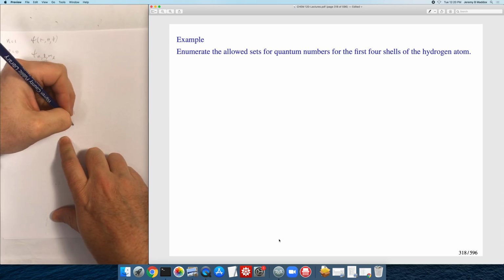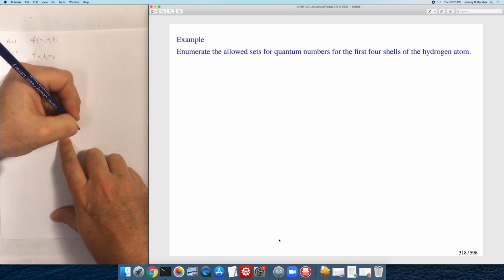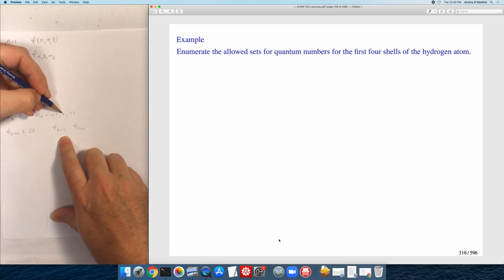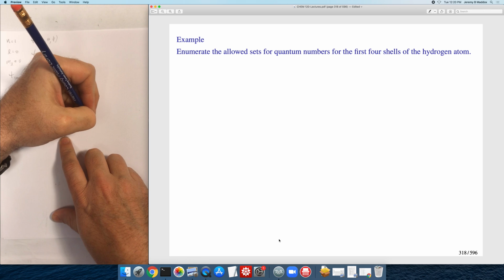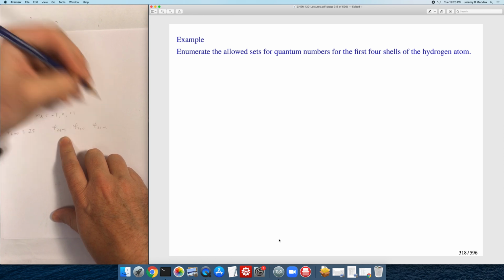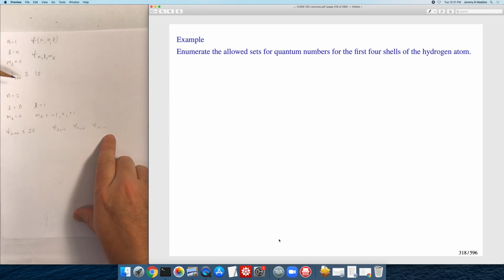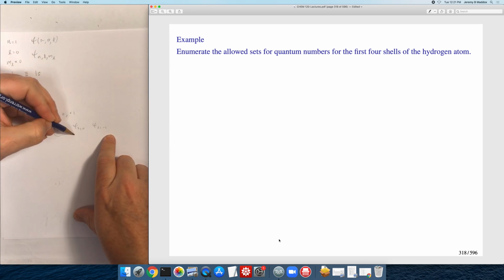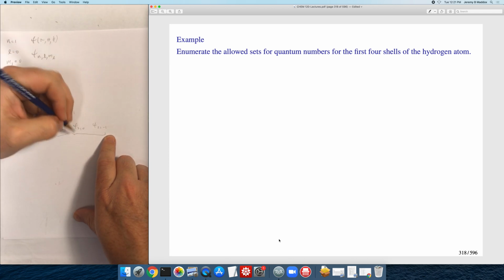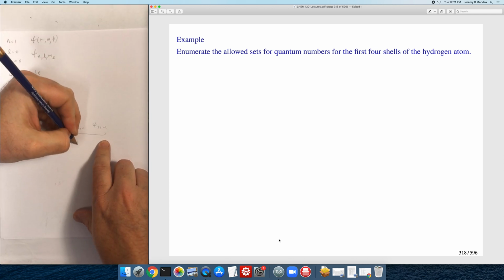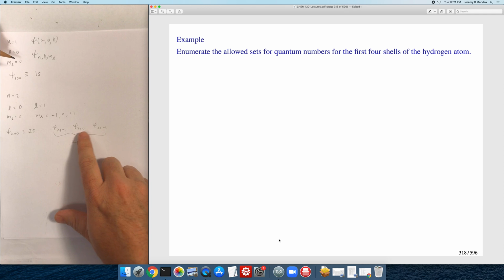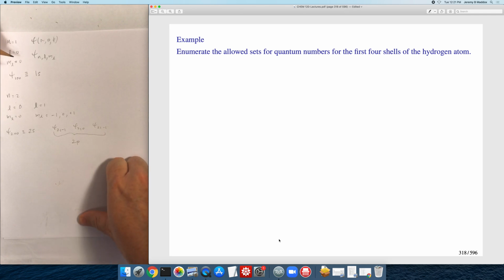Likewise, there is a psi 2, 1, 0. And then also a psi 2, 1, +1. Okay, so for the case where L equals 1, there are three possible values of m sub L. And collectively, these are referred to as 2p orbitals. Notice that there's three unique ways in which you can have a 2p orbital.